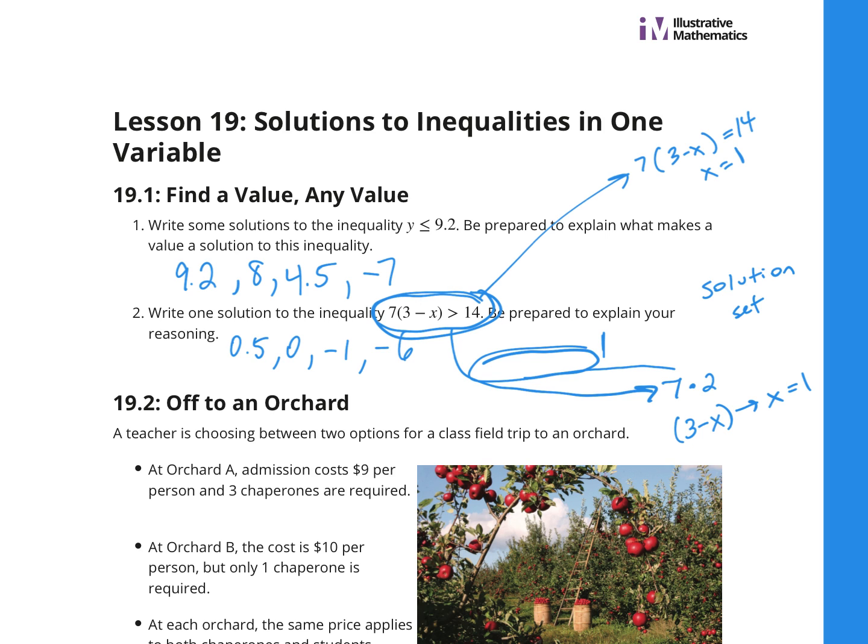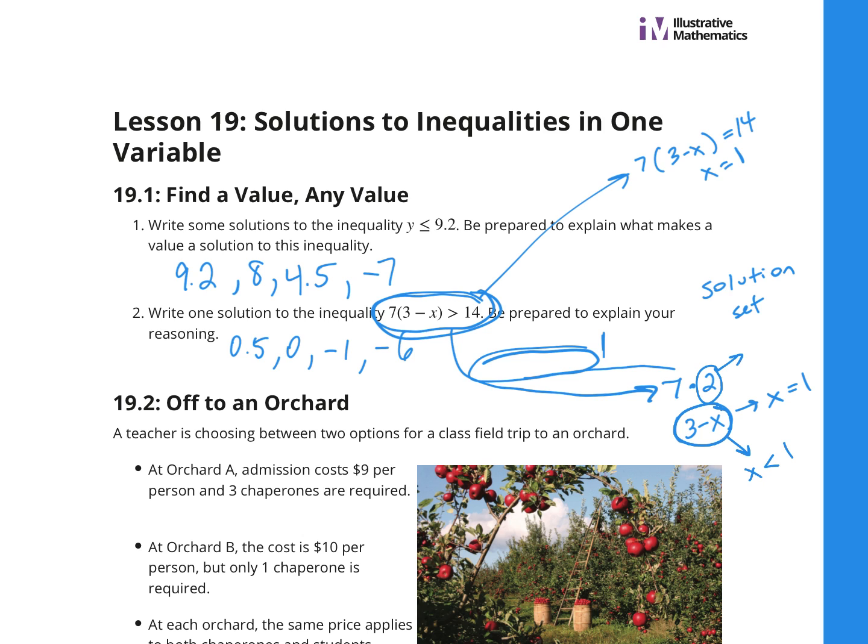So in order to meet the constraint that it is greater than 14, we really want this number to be bigger than 2. We don't want it to be exactly 2. We actually want it to be bigger than 2. And the only way to make this bigger than 2 is if we take smaller numbers. So therefore, x has to be less than 1.